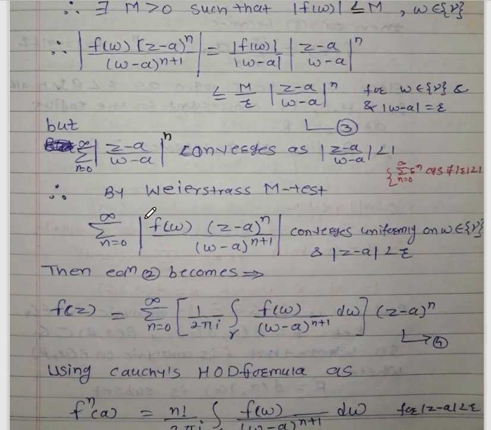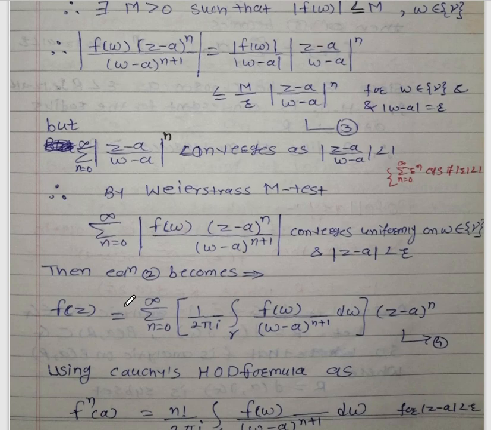Therefore, by the Weierstrass M test, the summation n = 0 to infinity of f(w)(z - a)^n / (w - a)^(n+1) converges uniformly on w, and |z - a| < r. Since this converges for |z - a|/|w - a| < 1, by using the Weierstrass M test this LHS side also converges.